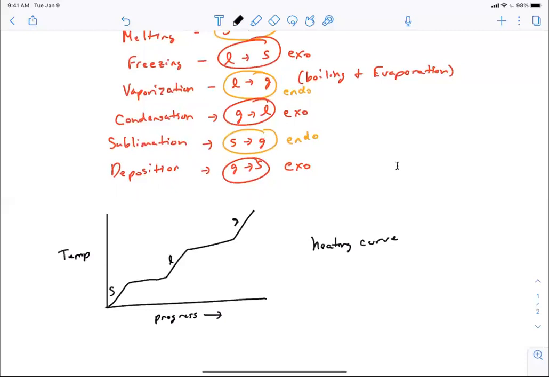When you're within one phase, all the energy you're putting in is increasing the speed of the particles. But each state of matter has a speed limit beyond which it can no longer go any faster in that form. When that limit is reached at these specific points, the particles have to break their intermolecular forces to spread out more and go even faster.